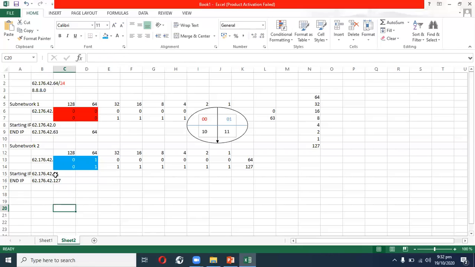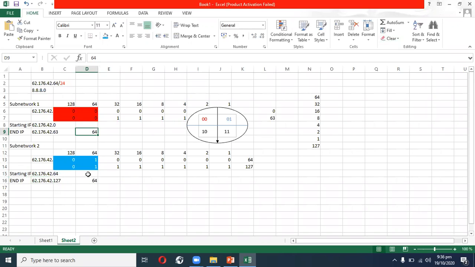So when we subtract 64 from 127, this will give us 64 addresses, because we are counting the starting one, since 64 is also used for the network up to 127. So we get 64.